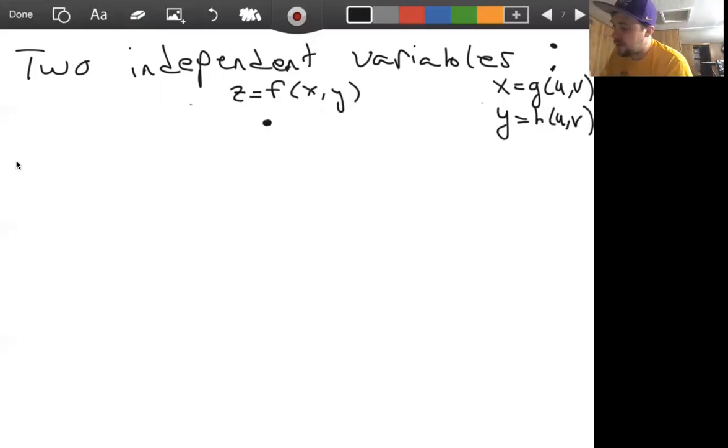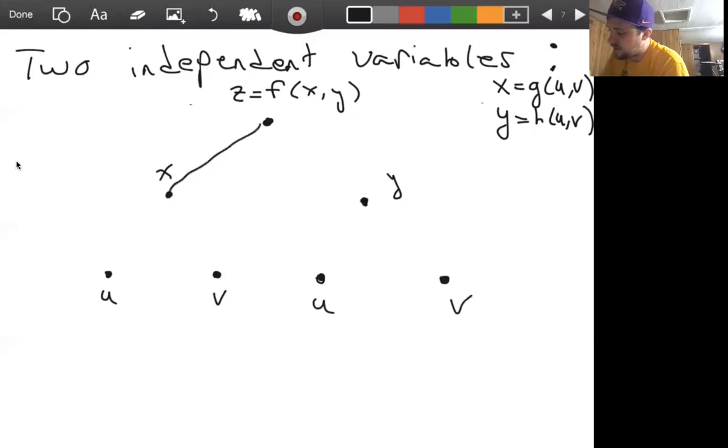And remember, we start by making nodes, right? And so we start with the variable z, and then the variable z depends on the variables x and y. And then the variables x and y depend on u and v. So this is u, this is v, this is u, this is v.